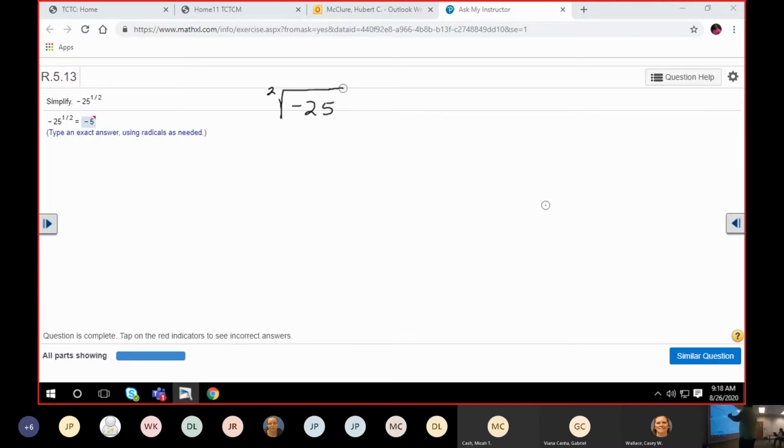Now, the way they're wanting you to read it is like this. That's the way they're wanting you to read it. Now, if it's written like this, like they've got it, then the answer is the square root of 25 times the square root of -1.